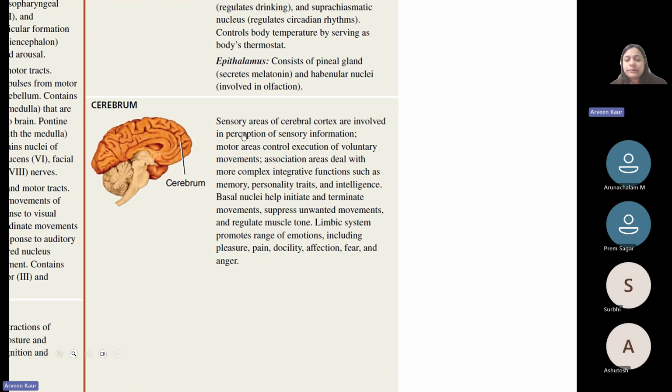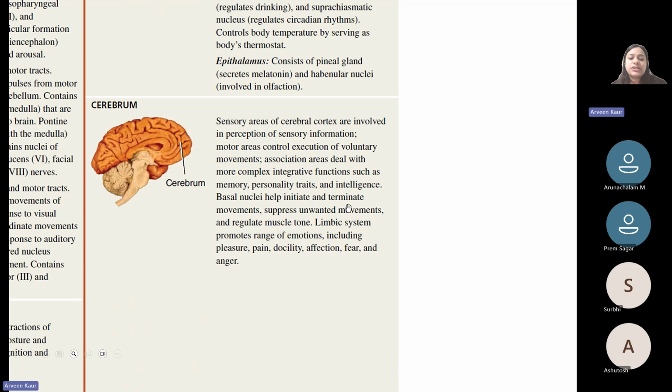Then we come to cerebrum, the major, broader scope of function of cerebrum. We'll discuss it. The sensory area of the cerebral cortex is involved in perception of sensory information. Motor areas control execution of voluntary movements. Association areas deal with more complex integrative functions such as memory, personality traits, and intelligence.